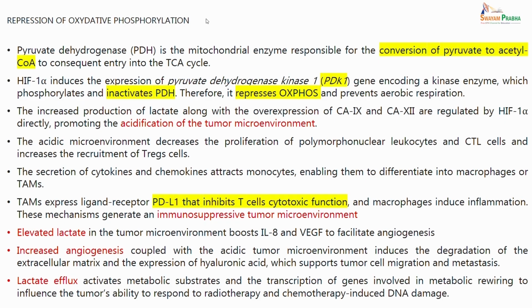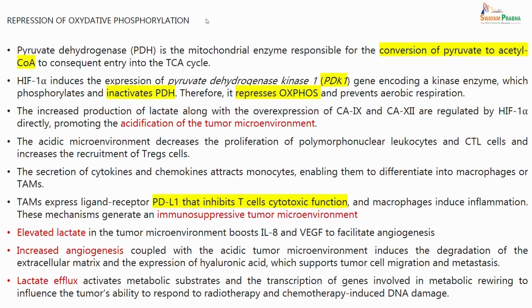The acidic environment decreases the proliferation of the polymorphonuclear leukocytes and CTL cells, the cytotoxic T lymphocytes, and it increases the recruitment of the T regulatory cells. Now, the secretion of cytokines and the chemokines will also attract monocytes, which will enable them to differentiate into macrophages, or this is what we call as the tumor associated macrophages.